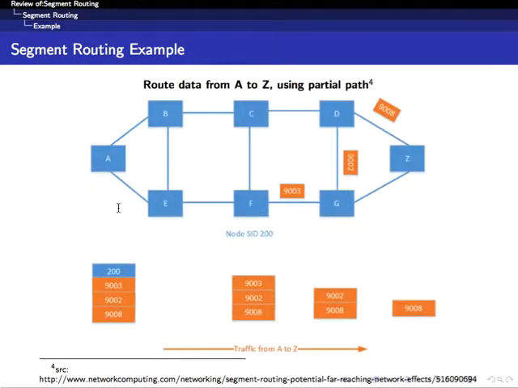For another example, a routing example again from A to Z, but it has a particular path that it needs to follow.